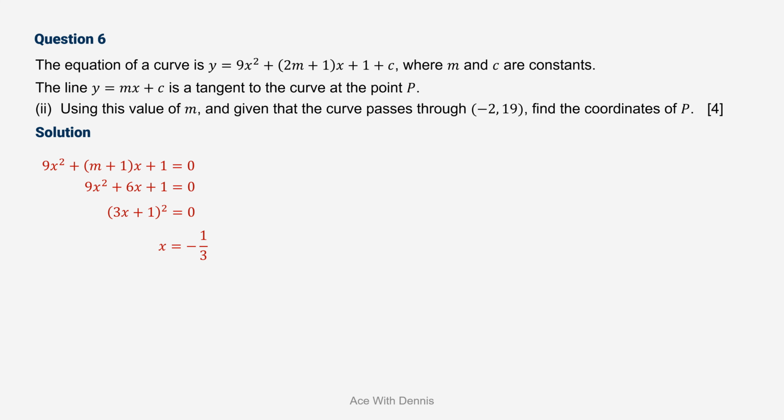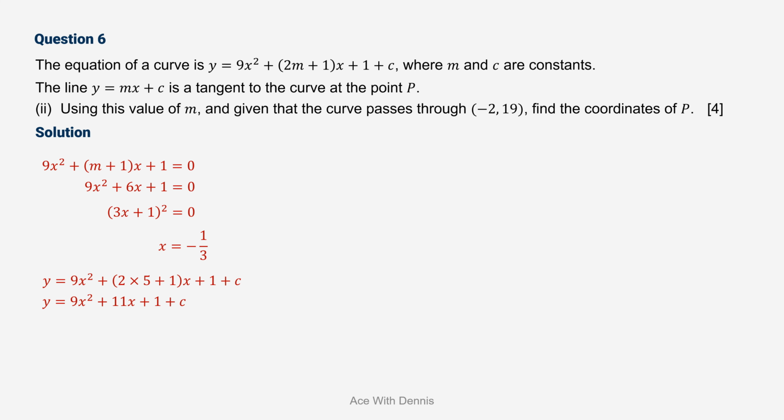Now I want to find the y coordinate of point P. I have to use the equation of the curve and substitute m equals 5 into this equation. It becomes y equals 9x squared plus (2 times 5 plus 1)x plus 1 plus c. Simplify, we get y equals 9x squared plus 11x plus 1 plus c. So I have a constant c that I need to find.